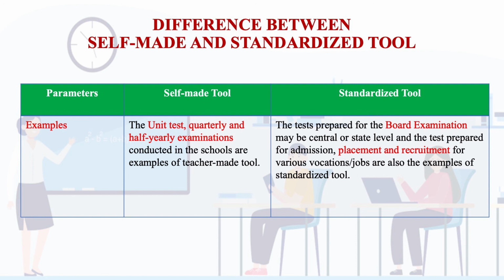But so far as standardized tools are concerned, the tool prepared for the board examination, whether central or state level, and the tests prepared for administration, such as placement and recruitment for various vocations or jobs, are also examples of standardized tools. So, here two examples are there: one is preparing the board examination question paper or test, and the other is preparing tests for placement and recruitment purposes. So, different examples are used in different fields and aspects, so far as self-made and standardized tools are concerned.